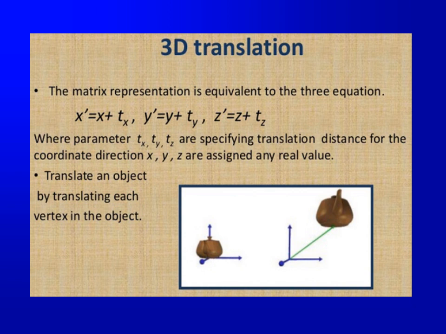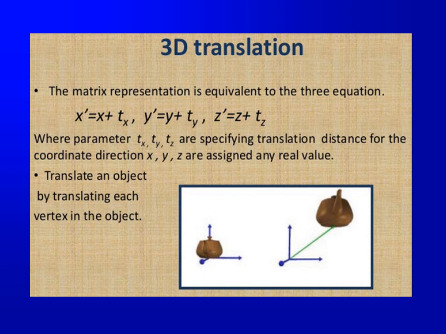So the equations are x dash is equal to x plus tx, y dash is equal to y plus ty, and z dash is equal to z plus tz. So the values x, tx, y, ty, z and tz are given, and we have to find out x dash, y dash and z dash.